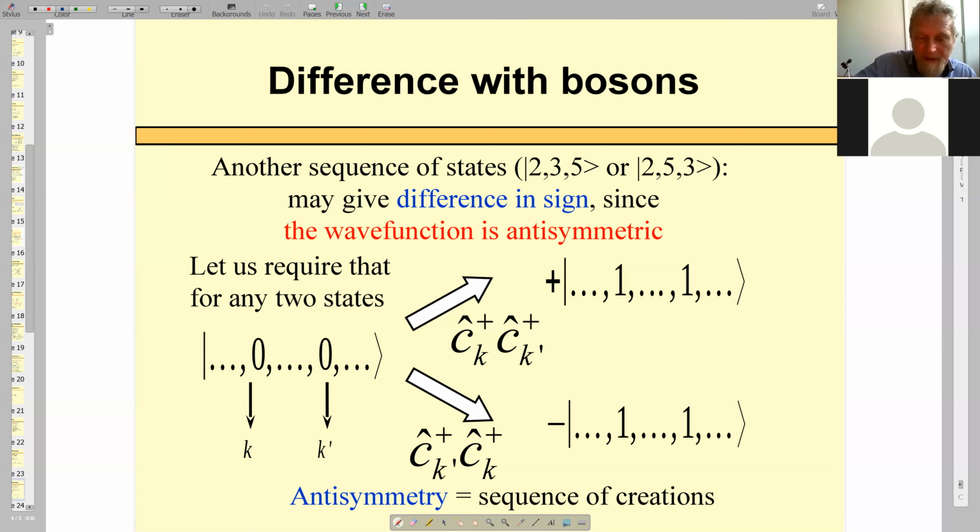I'd like to create a fermion at the level k and at the level k prime. But in order to make sure that the function is anti-symmetric, I need to say that if I put these operators in the opposite order, I will have a different sign.